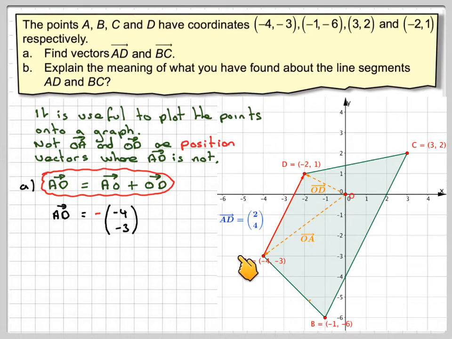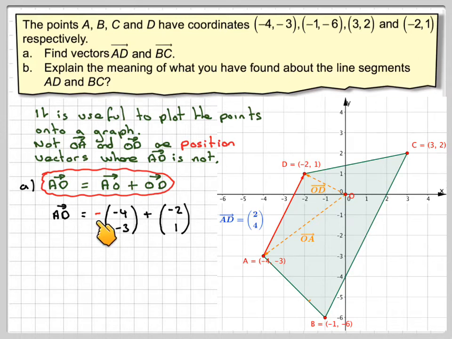The minus sign means we're going in the opposite direction. For the second one, we're going with the arrow of the vector, so we just write plus the coordinates as a column vector, (-2, 1). It's better to use column vectors.